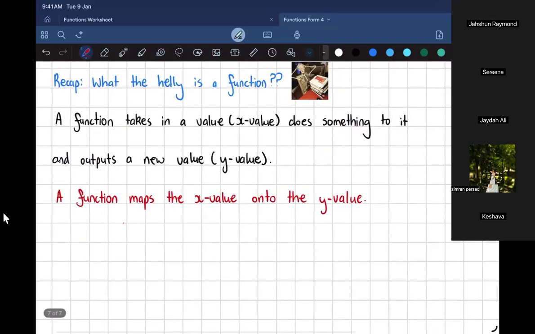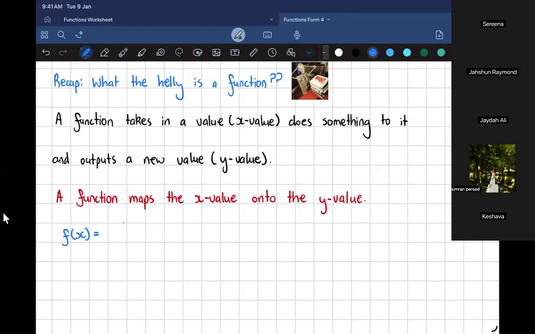Right? And let's look at a quick example of a function. Desron, give me a quick function. So like f of x is equal to what? A function is just do something to x, right? Like you could multiply x by a number, you could add a number to x. All of that is functions.